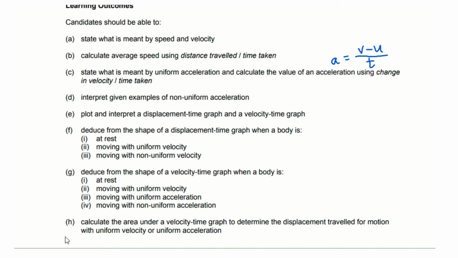If I call displacement s and time t, then when I have a displacement-time graph, apart from being able to tell the displacement at a particular time, there is other information which I can get from this graph. For instance, the gradient, right?